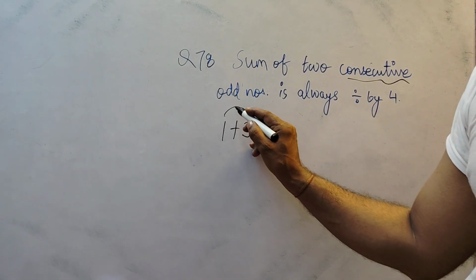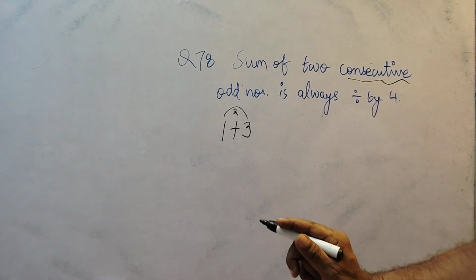The difference between two consecutive odd numbers should be 2. That is called consecutive odd numbers.